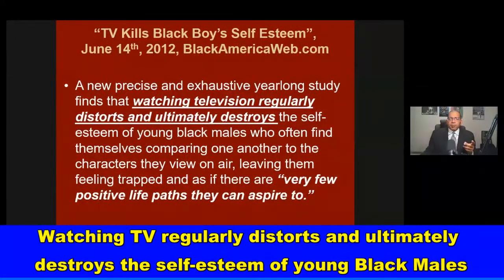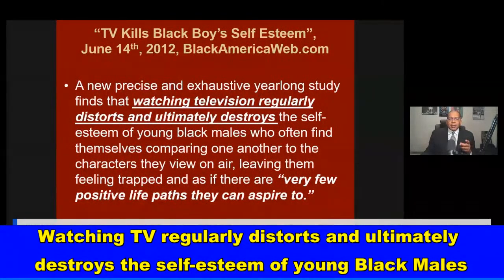A new, precise, and exhaustive year-long study finds that watching television regularly distorts and ultimately destroys the self-esteem of young Black males, who often find themselves comparing one another to the characters they view on air, leaving them feeling trapped and as if there are, quote, very few positive life paths they can aspire to, end quote.